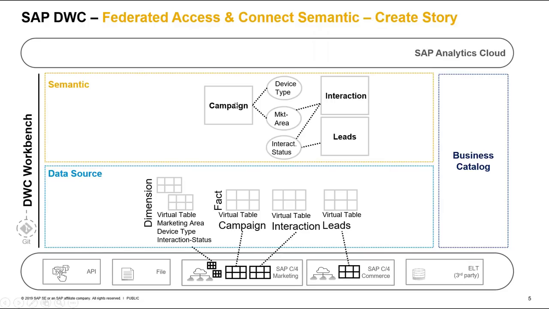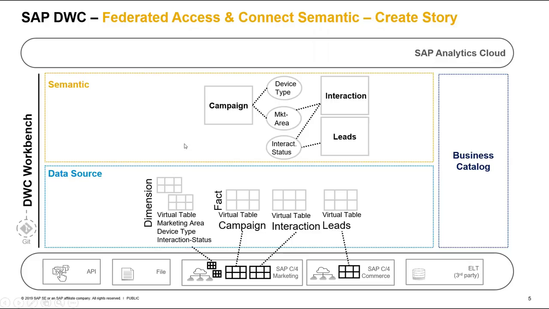So Jane logs on to the modeling environment of Data Warehouse Cloud and connects the different dimensions with the fact objects of the semantics. Once the linkage has been completed, a complete model has been created, which is separate to the data sources.